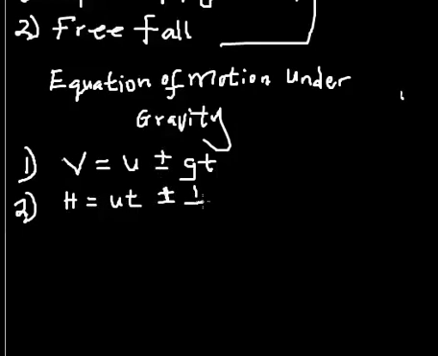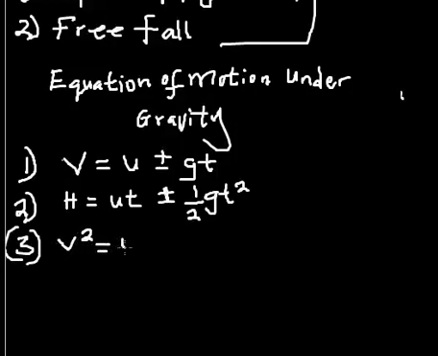So plus or minus half GT squared. Are we good? Then number 3, the last equation, which is V squared equal to U squared, then I'm still going to have plus or minus 2GH.